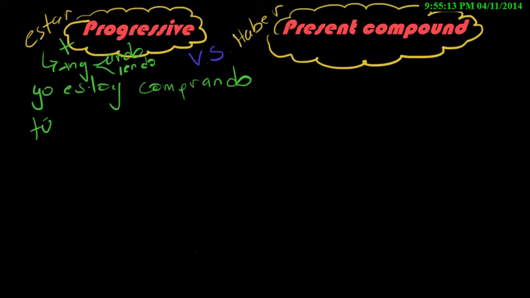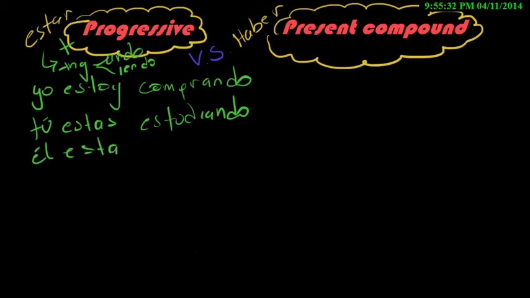Tú estás estudiando. He is studying. He is playing. In Spanish is él está jugando. She is running. Ella está corriendo.